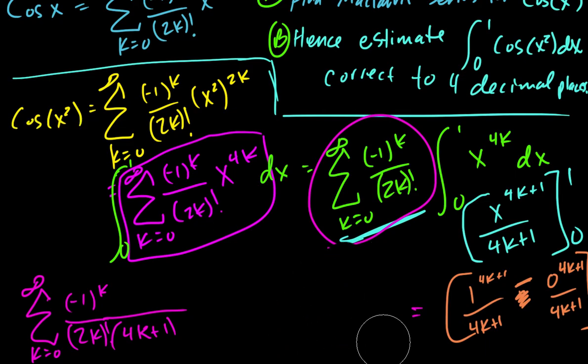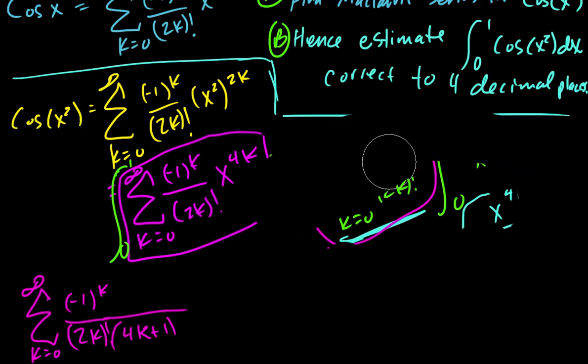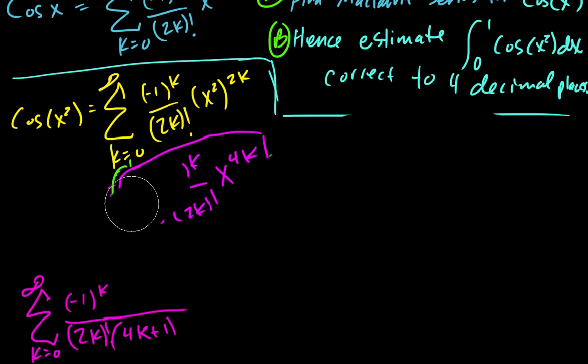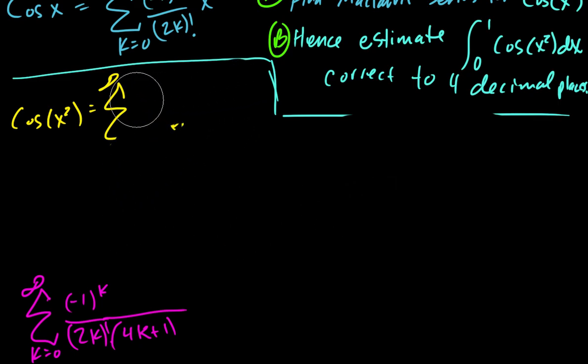Now I need a little bit more room, so I'm just going to get rid of this stuff. Now we're trying to estimate the value, and we want to do it out to 4 decimal places, I think. Let's see.